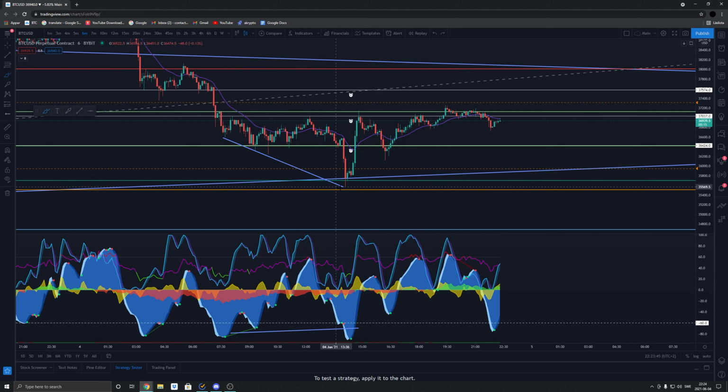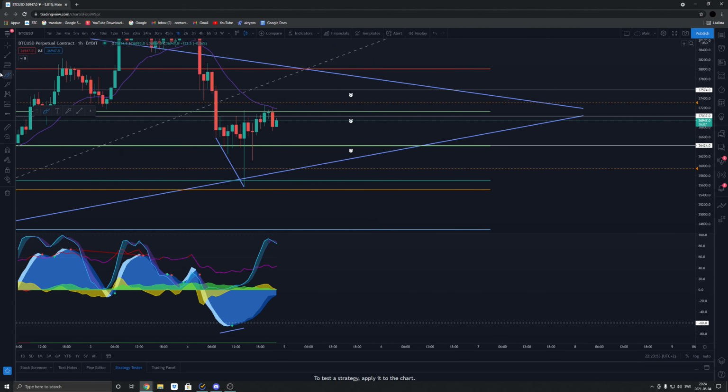So it makes very much sense to long here. And that was a beautiful, very fast 4% move, guys, in less than an hour.